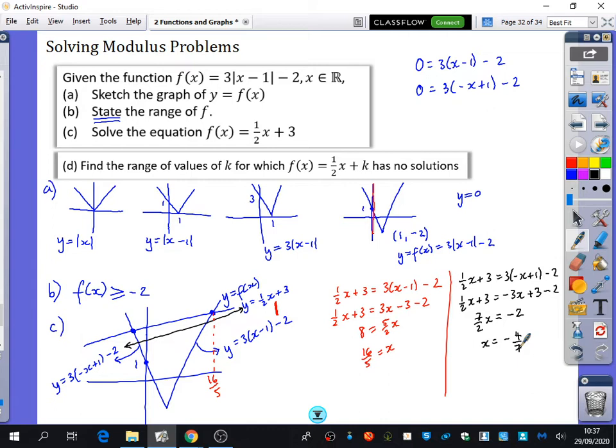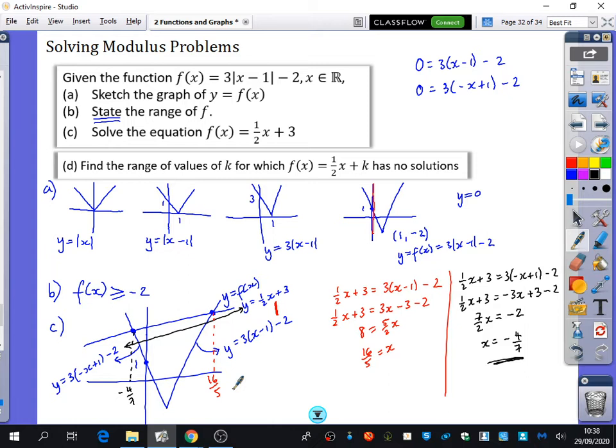Pardon? I just cancelled the 3's from both sides. So these are our solutions. I'm happy because one's negative and one's positive. That's kind of what I was wanting to happen, to be able to find out where it crossed. And the sketch helped me realize that it was going to cross in 2 places.